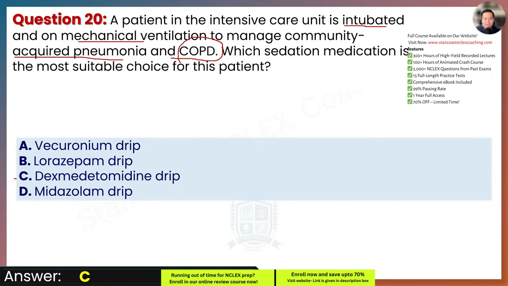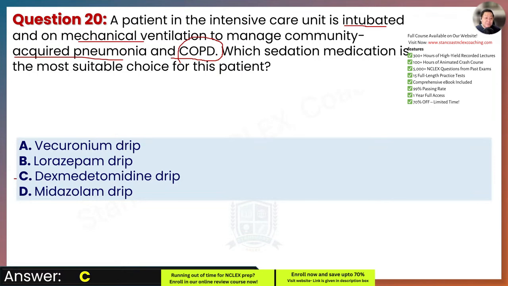Why letter C? Well, this medication, dexmedetomidine, let me read that again, dexmedetomidine drip. This is the go-to sedative for the ventilated ICU patient because it provides sedation without causing respiratory depression. So this medication works as an alpha-2 adrenergic agonist.